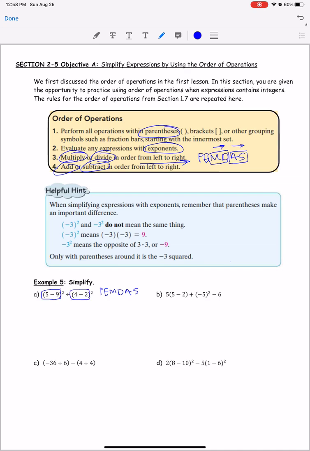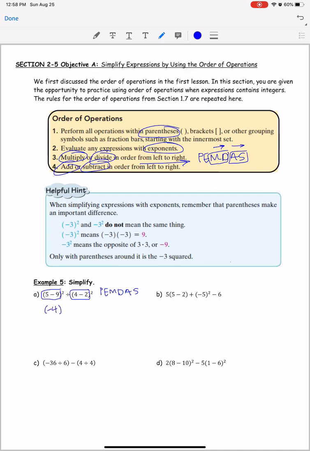So 5 minus 9, think money. If you have $5 and you have to pay somebody $9, now you owe $4. So this is a -4.